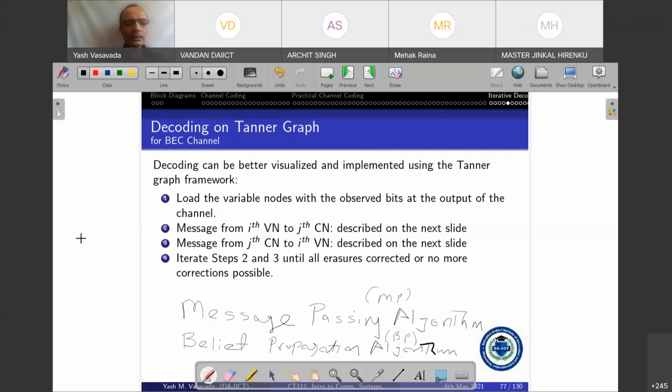So the main algorithm is essentially simply in these steps 2 and 3. These two steps are getting iterated. They are getting repetitively implemented in the algorithm. This is called the initialization step, where we just take the incoming bits and use them as the input to the algorithm. And this is called the termination step.